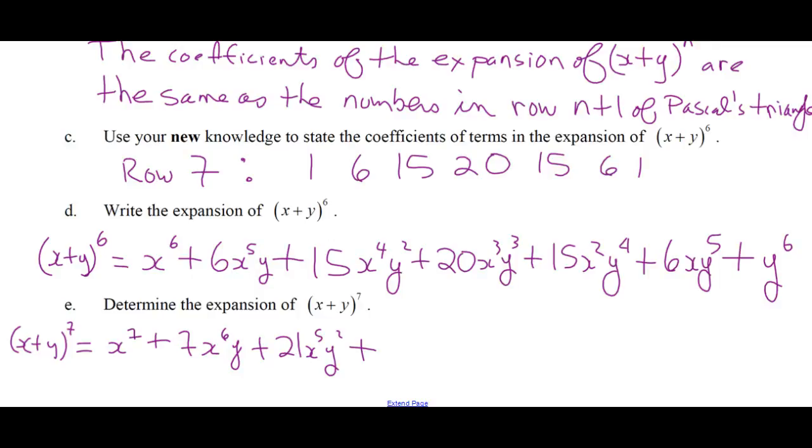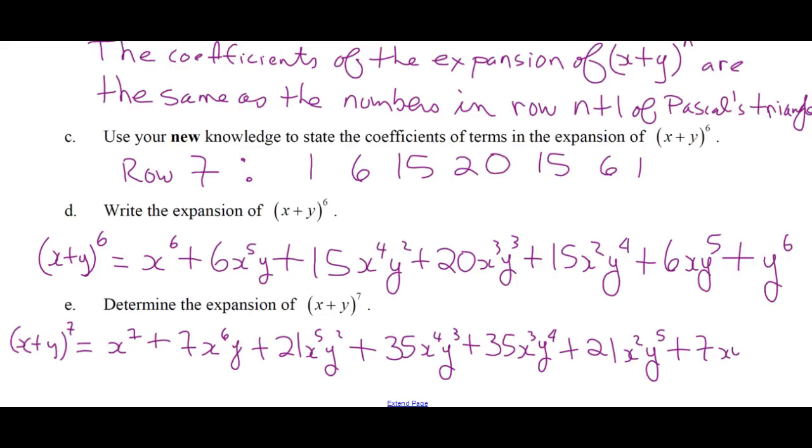And I just need my coefficients, which are 35, and then another 35, and then 21, and then a 7, and then a 1. Cool, huh? All I gotta do is generate Pascal's triangle.